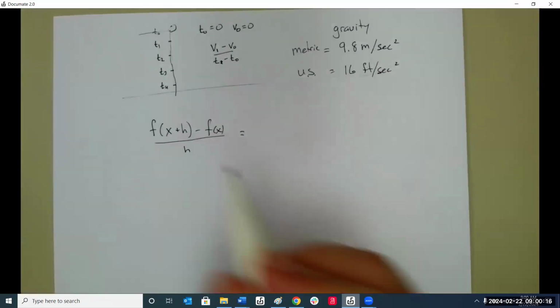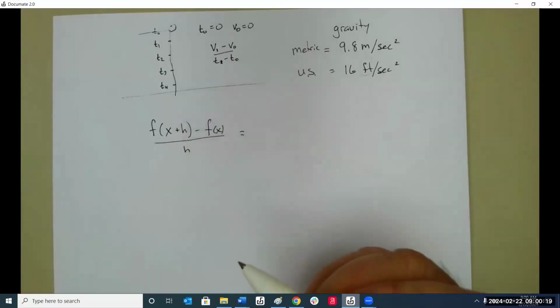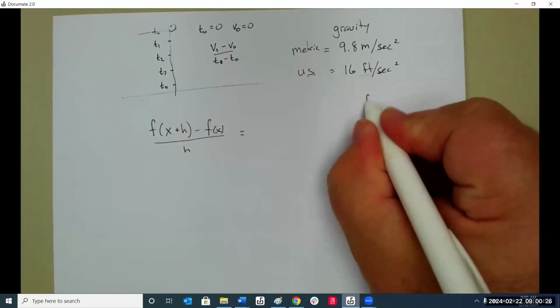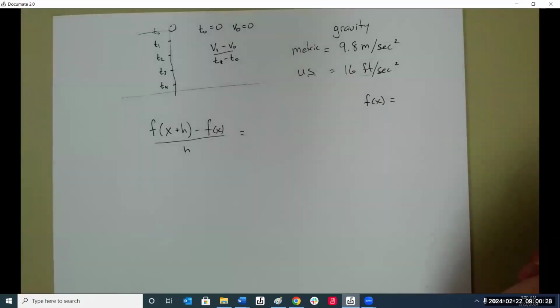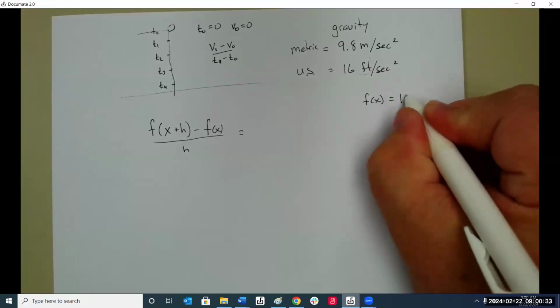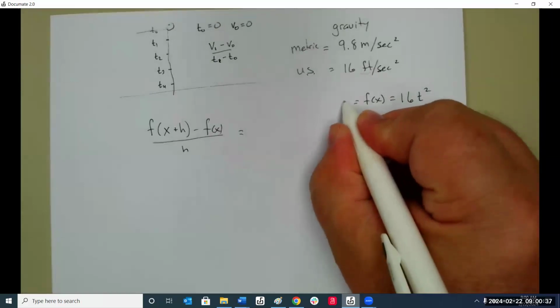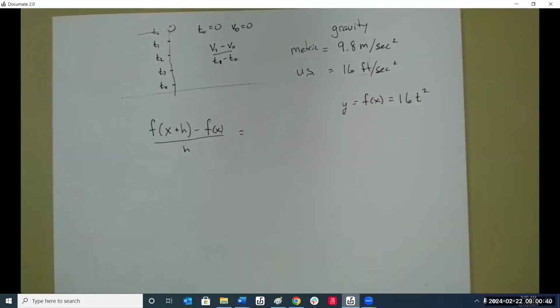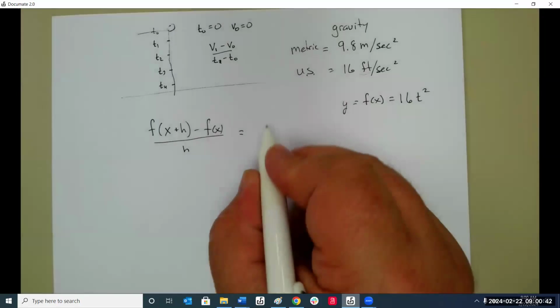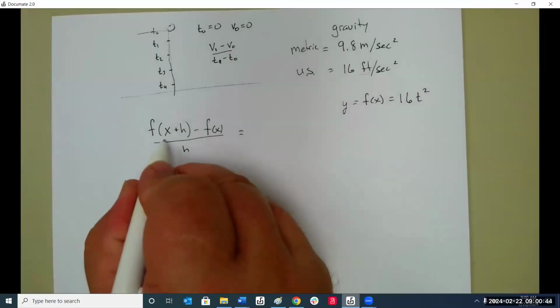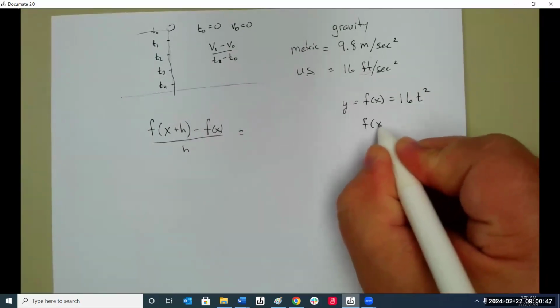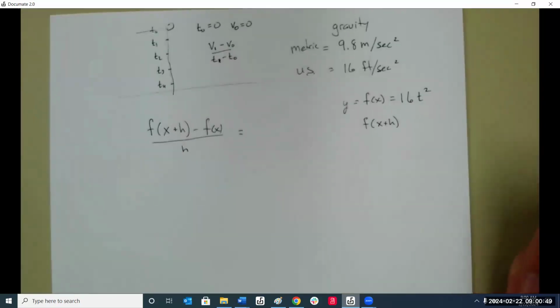What is f of x plus h? How do we write that? What is our f of x? 16t squared. That's the y equals. So to do this, we have to find the first part. We have to find the x plus h part.